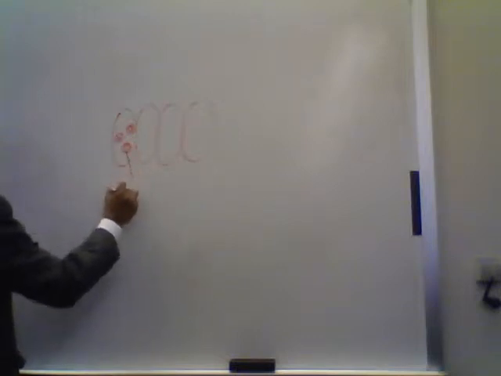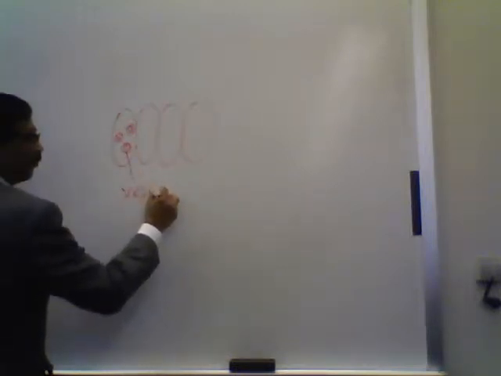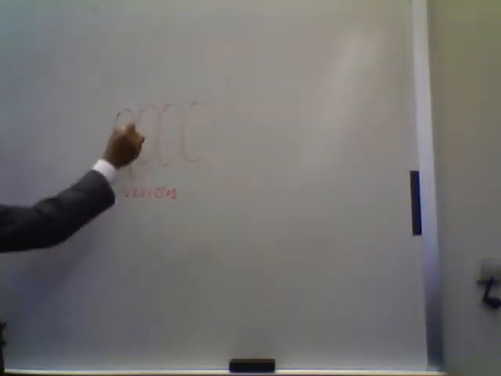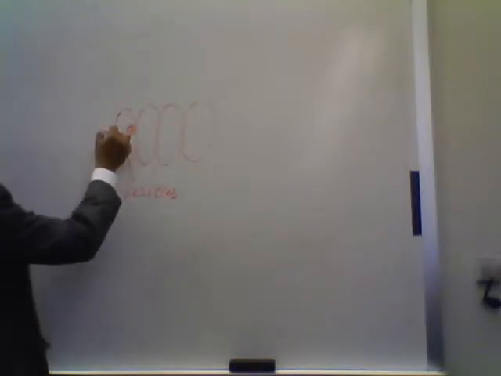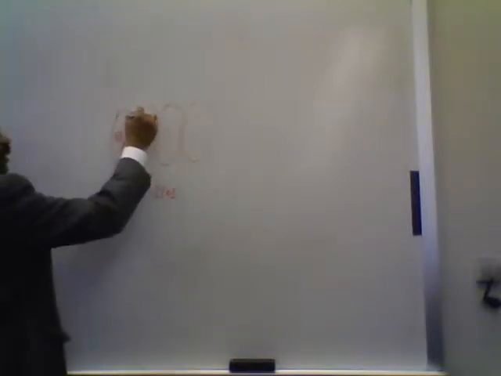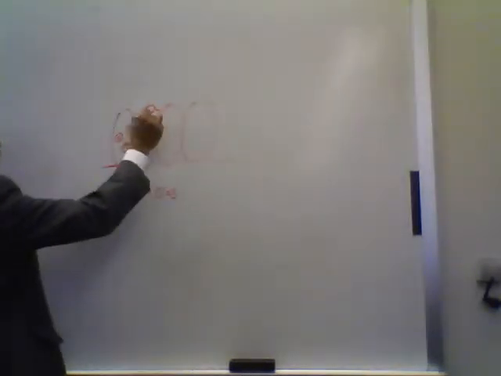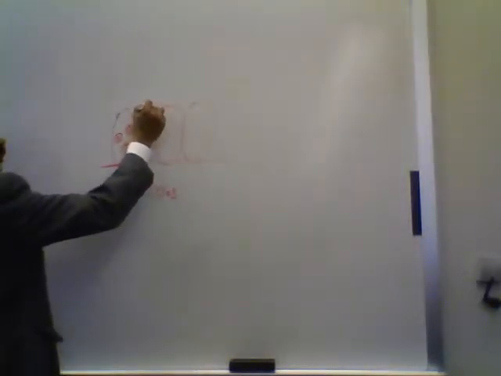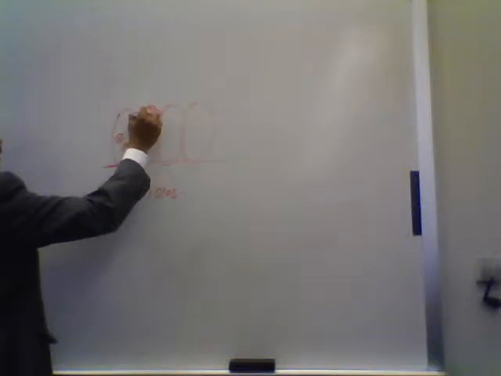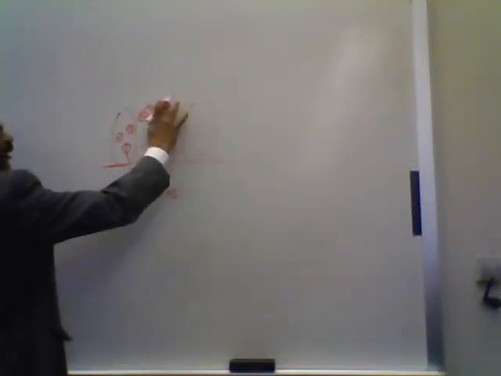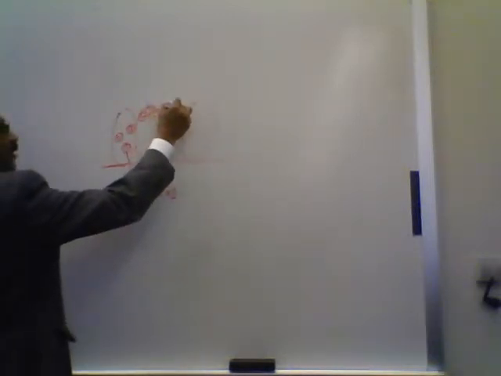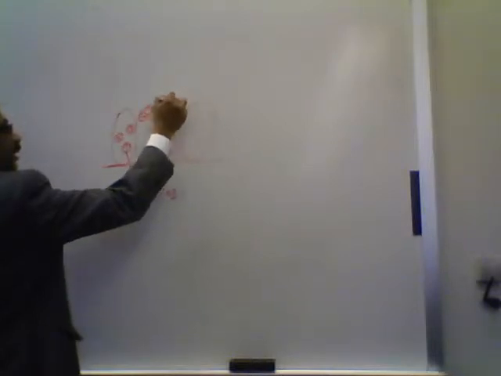So, vesicles. And then what happens? The vesicles move towards the apical end, free end. Okay. And then the rupture of the vesicles occurs and chemicals get out.